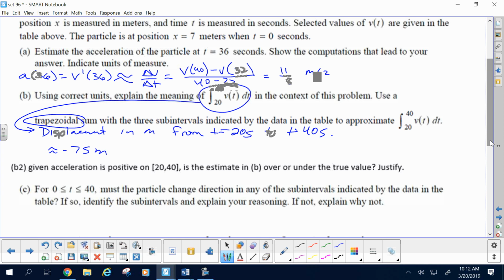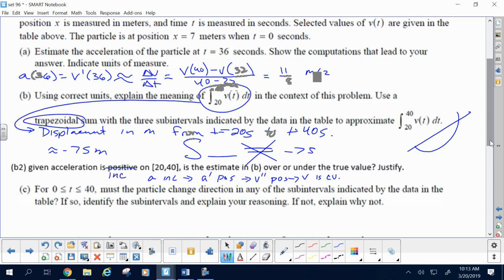A prime is positive, which means v double prime is positive, and therefore the curve under which we're finding the area is concave up. v is concave up. If v is concave up on that interval, then trapezoids will overestimate. So the true value is probably less than negative 75. Okay?